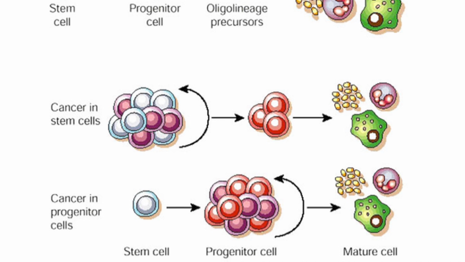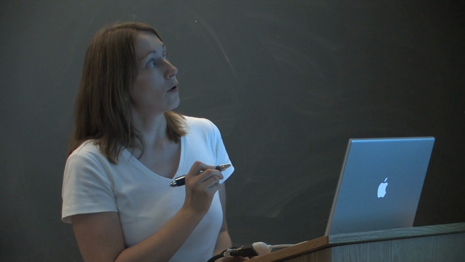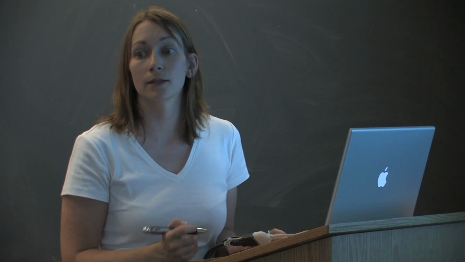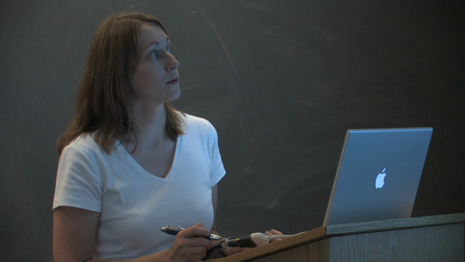But most people would argue that these specialized cells that are post-mitotic are less likely than a stem cell to do so. But there actually has been very little evidence either way. And for most tumors, we really don't know which cell the tumor starts in at all. And most of this kind of work has actually been done in the hematopoietic system, where there is already evidence that stem cells or progenitors could give rise to tumors.